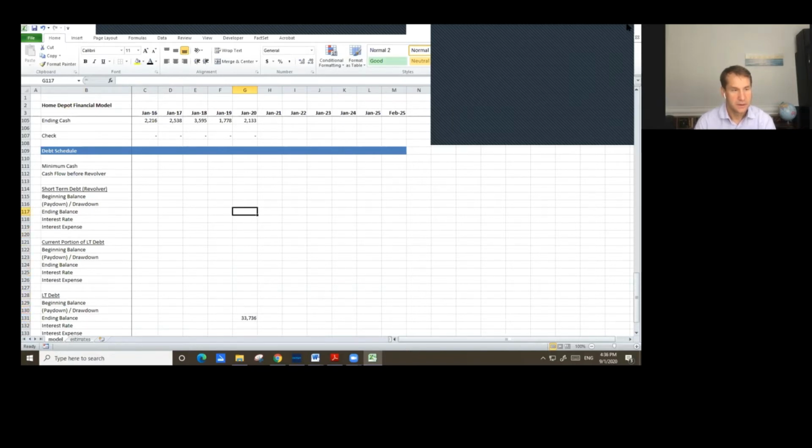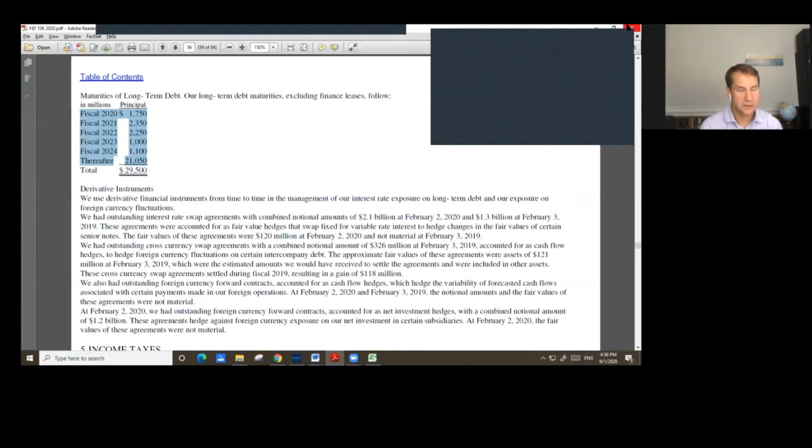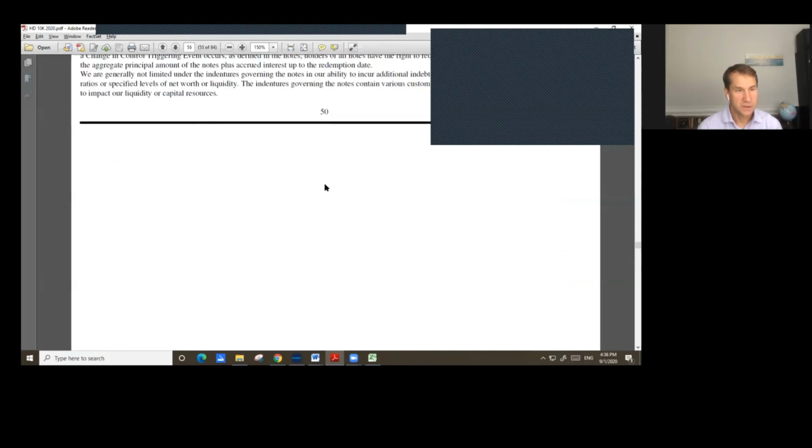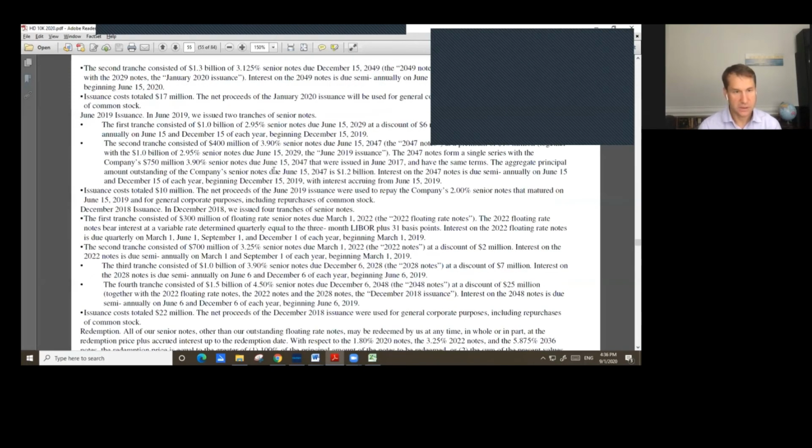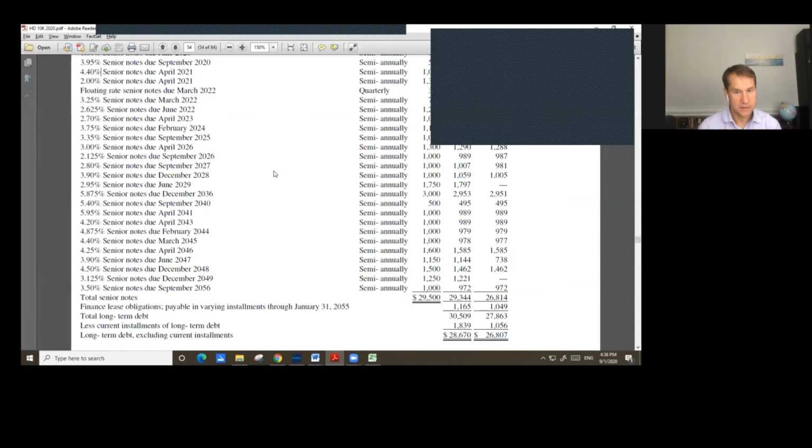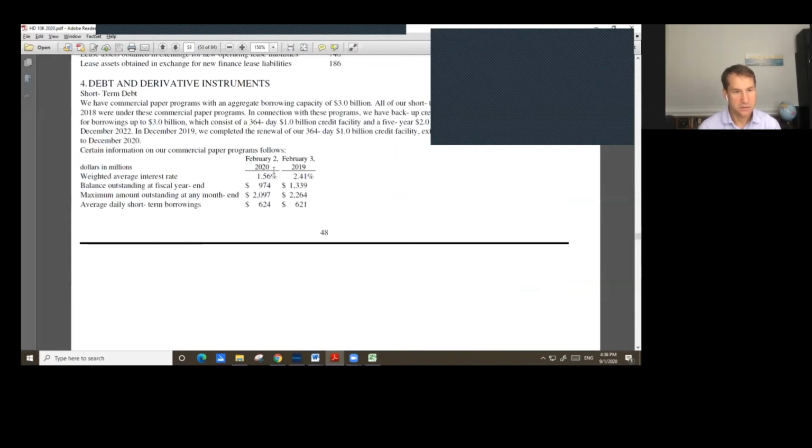And then they don't split short-term debt and current portion of long-term debt on the balance sheet. So I guess we have to look at the 10K here.